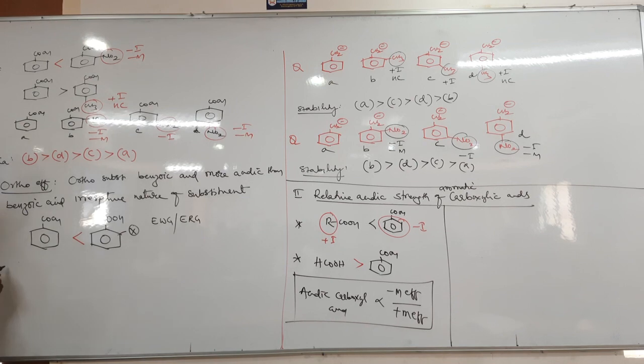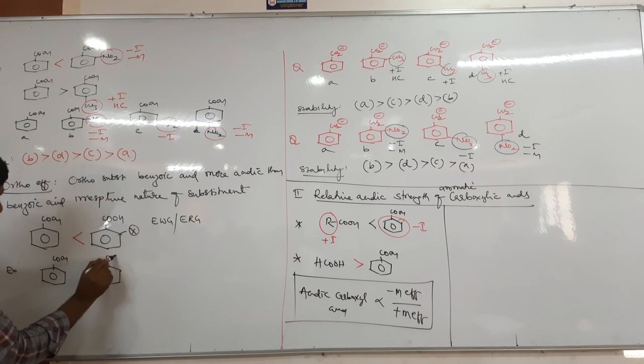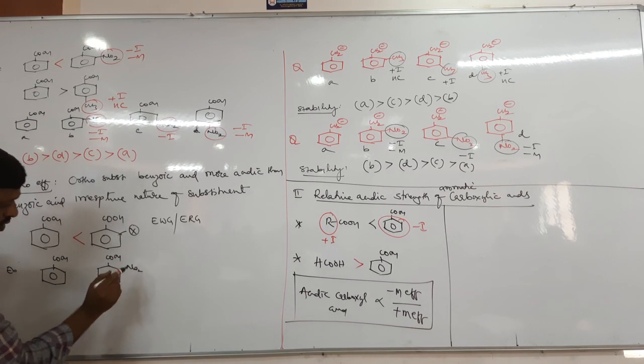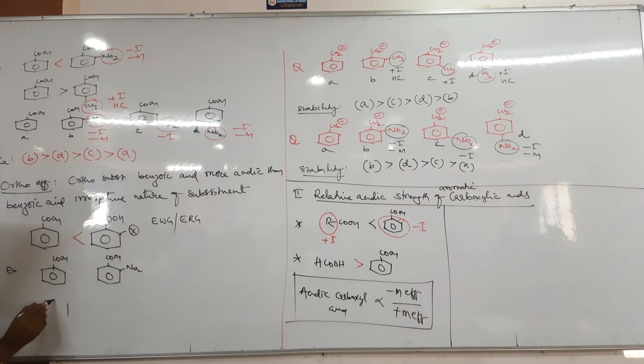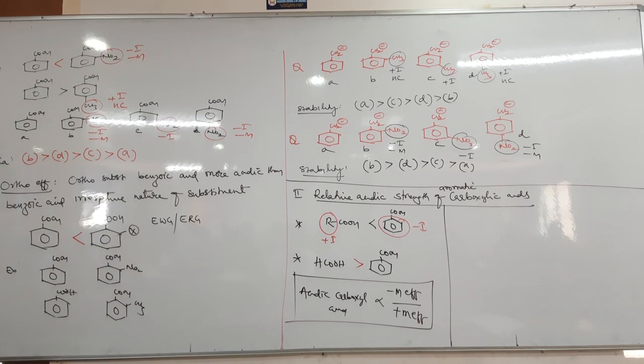For example, let us take benzoic acid and orthonitrobenzoic acid. Next, one more example: benzoic acid and orthomethyl benzoic acid. Tell me, which is more acidic?